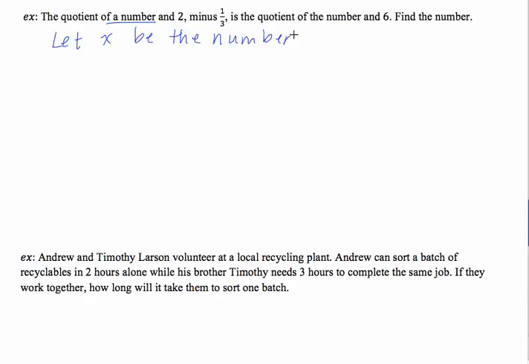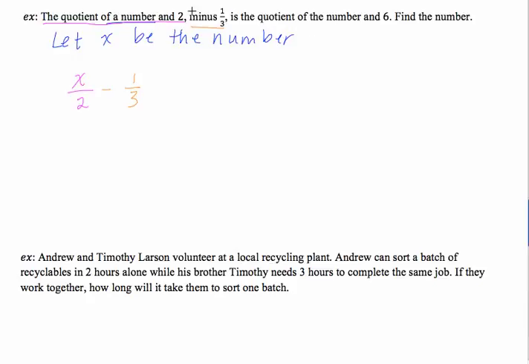And now let's translate this sentence into an algebraic equation that can be solved. It says the quotient of a number and 2. That means of x and 2. Well, the quotient of x and 2 is x divided by 2, minus a third. So that would be minus 1/3.